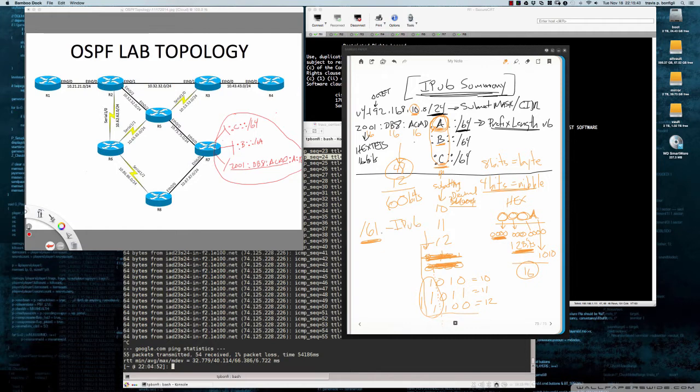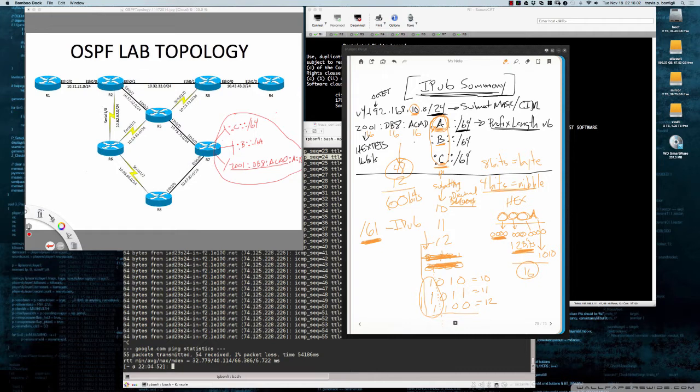If this was IPv4, we would be saying our subnet mask would be a /24, /25, /23, but with IPv6, remember, this is the prefix length. So we know we've got a /61, so half of our job is done.